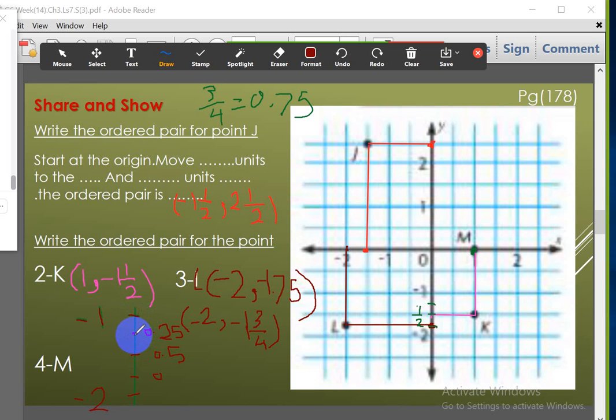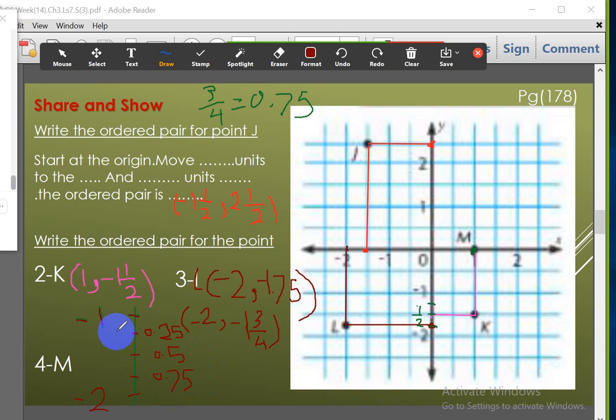This one is 0.25. Then add 0.25, it will be 0.5. Now add 0.25, so it will be 0.75. Okay, and this is the point where we intersect the line on the y-axis.